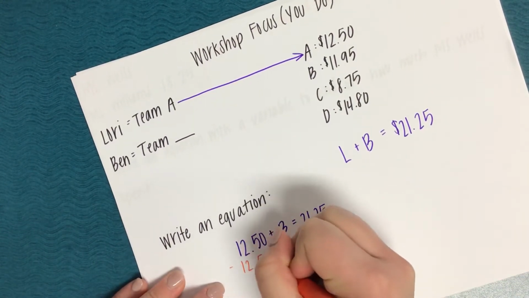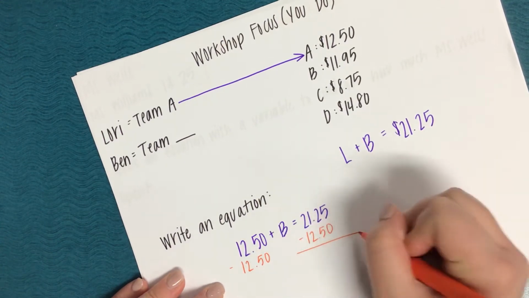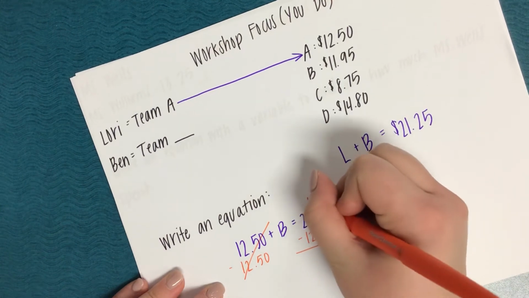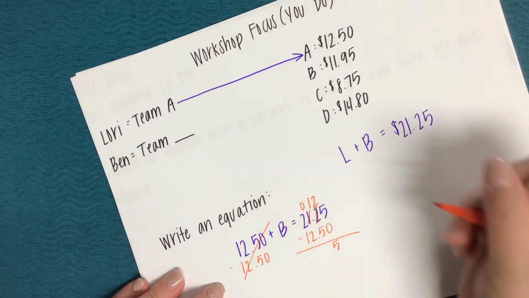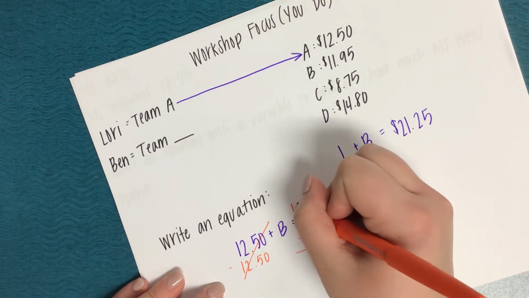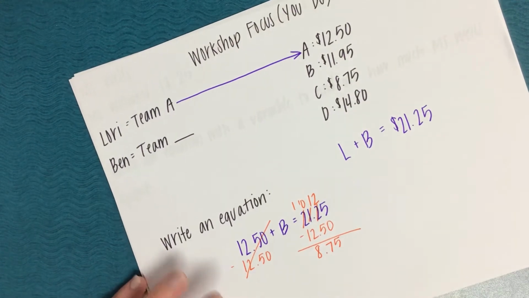Minus $12.50 on each side, because what we do to one side we have to do to the other. Those cancel each other out. 12 minus 5 is 7. Gotta borrow again. That becomes 10. Minus 2 is $8.75. Okay?